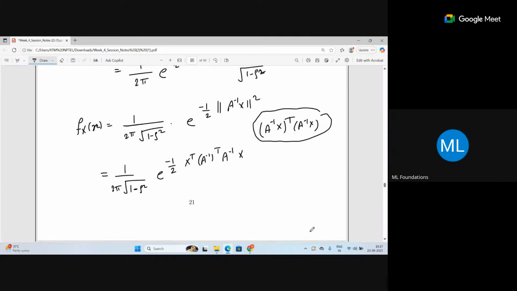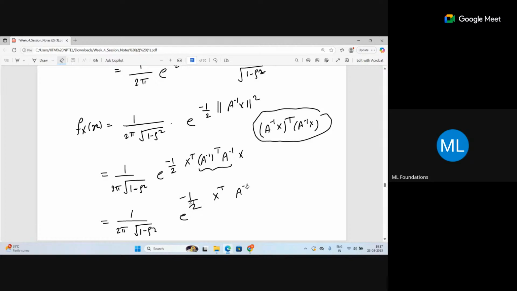Fine, this is okay. What about this A inverse transpose into A inverse? Can I write it like this: 1 upon 2 pi root of 1 minus rho square, e to the power minus half x transpose, and since it is A inverse transpose into A inverse, I can write it as A transpose inverse of x. Fine, this is okay.